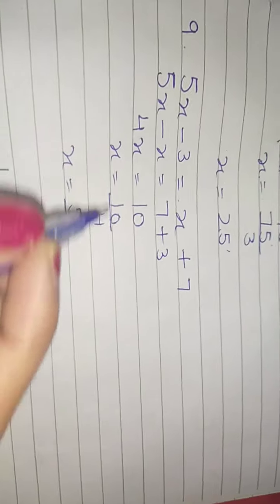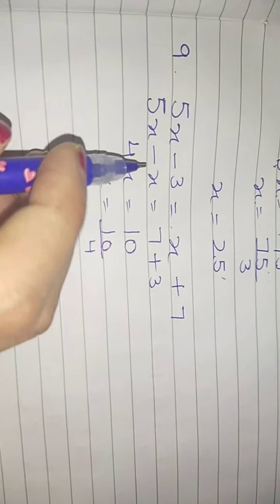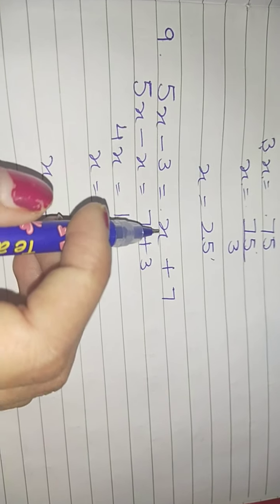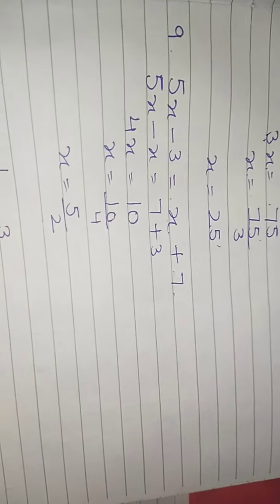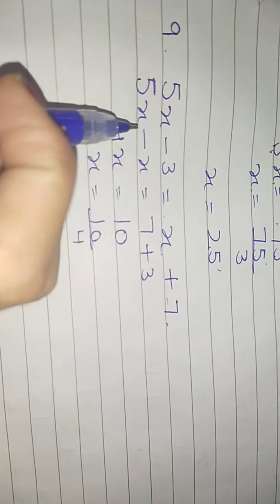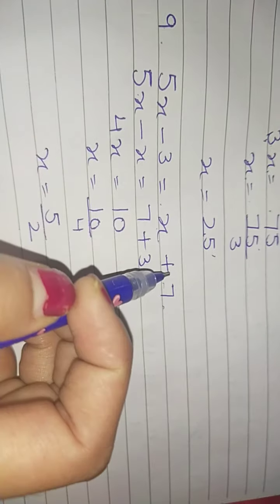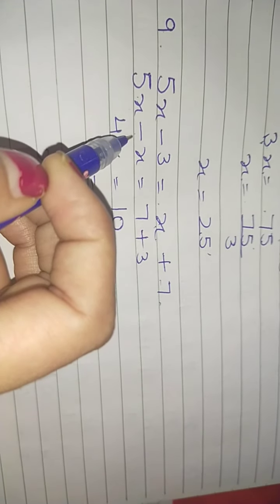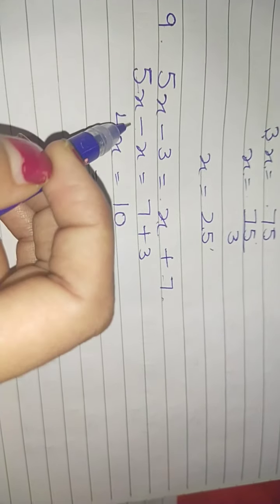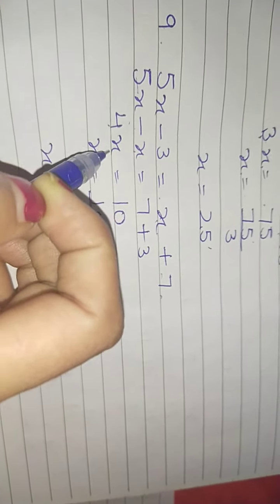Coming to question number 9. We have 5x minus 3 is equals to x plus 7. So in this case we will write down the like terms on one side. Now 5x minus x, here x is positive, so on transposing it will become negative. So 5x minus x becomes 4x.